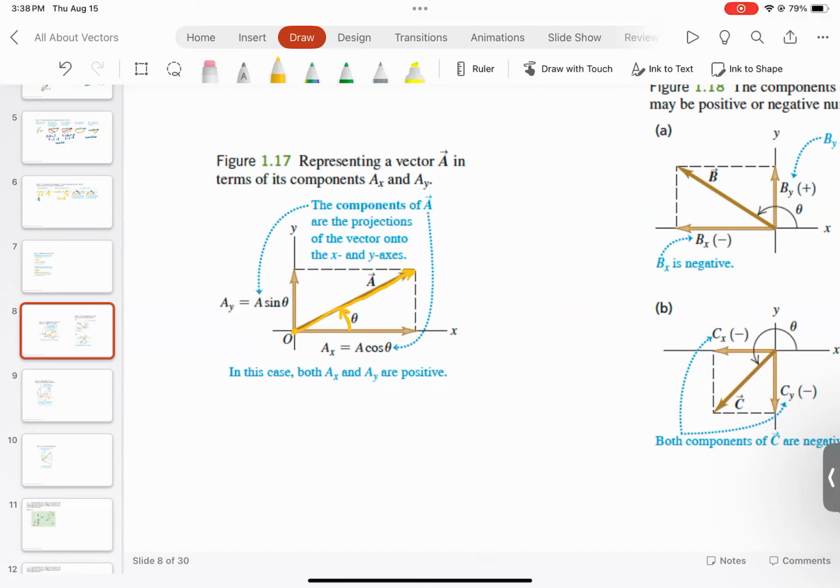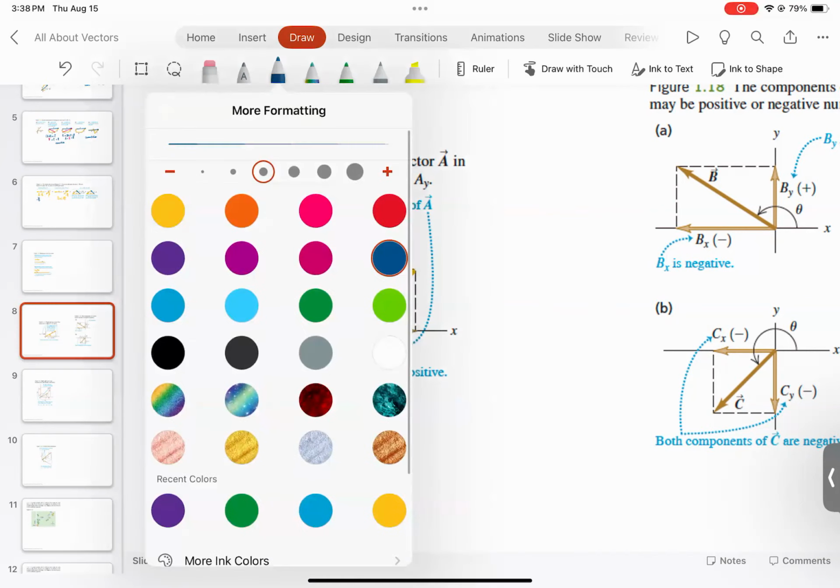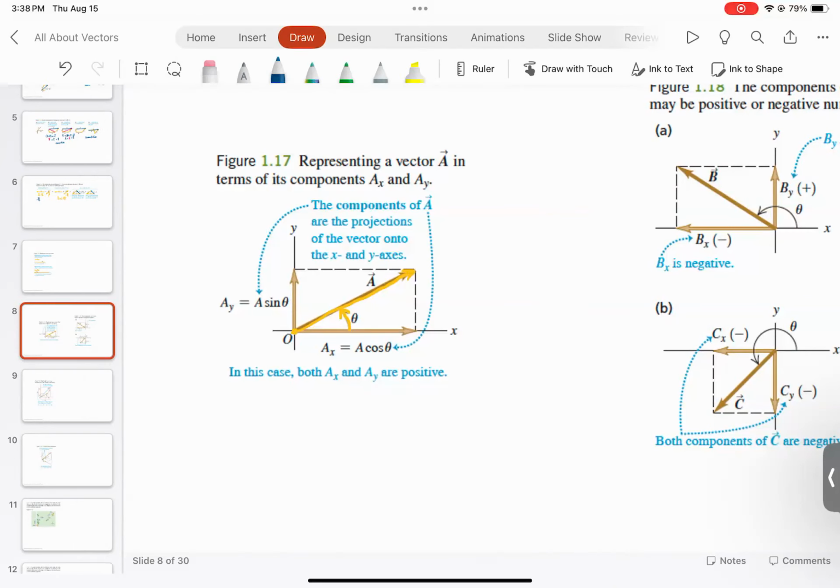So now the direction is described in terms of the angle theta. And the magnitude is described in terms of the length of the arrow. We can get yung tinatawag na projection ng vector A onto the x-axis and onto the y-axis.